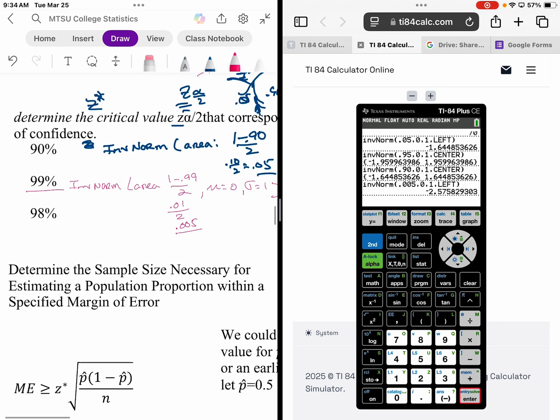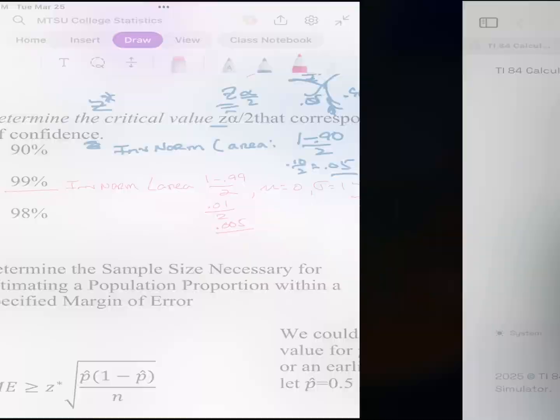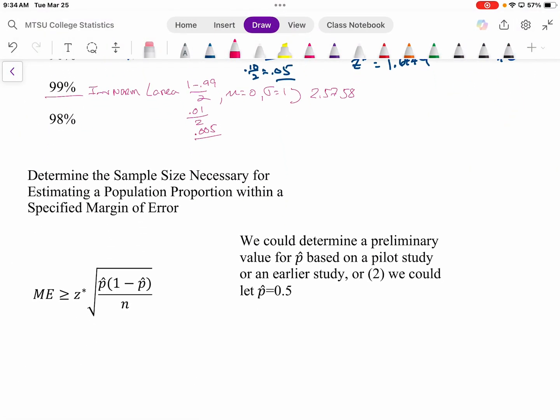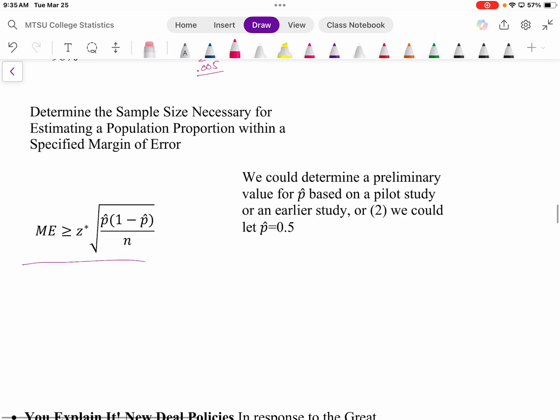All right. I'll let you do the next one if you want to, the 98%. I just want to keep moving. Determine the sample size necessary for estimating a population proportion within a specified margin of error. So here is the formula. It's part of the confidence interval that I showed above.